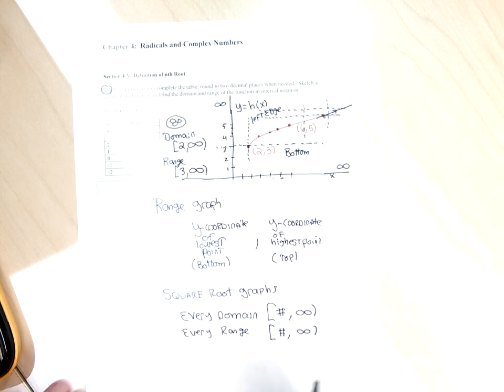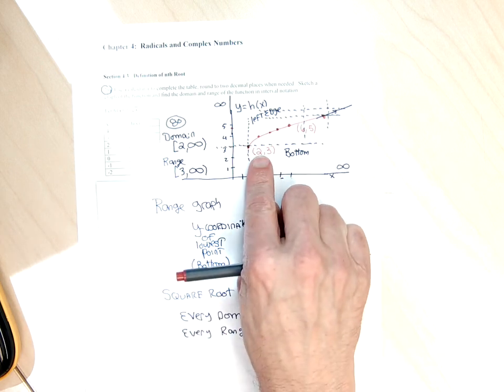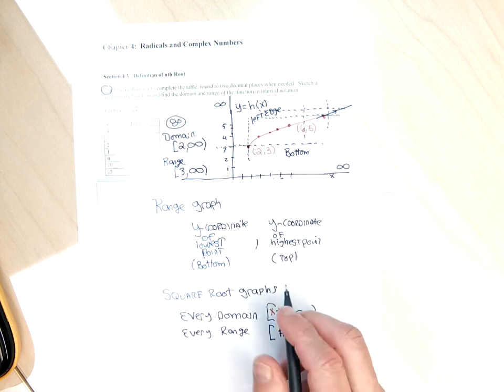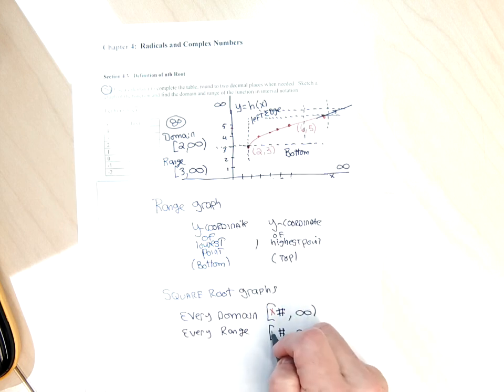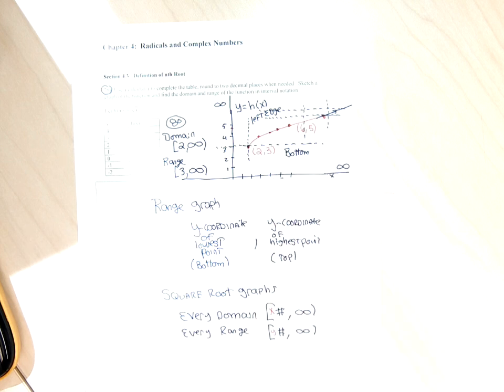So the first number is going to be the x-coordinate of the starting point when I'm doing the domain. And for the range, it's going to be the y value of the starting point of the graph, comma infinity. This isn't universally the case, but for our beginning square root graphs, it's going to be constantly the case.